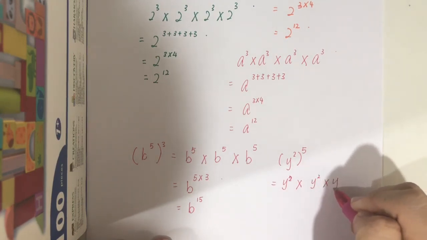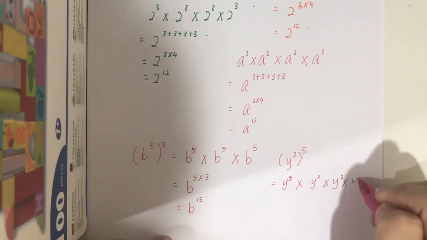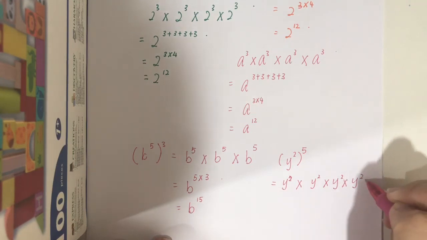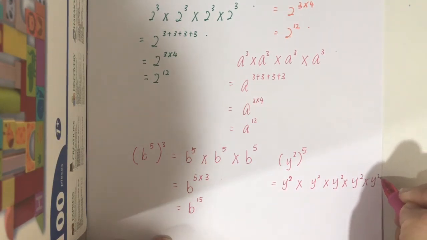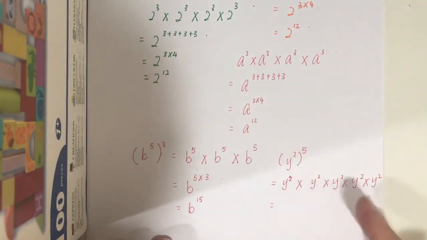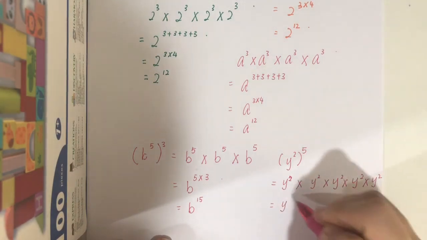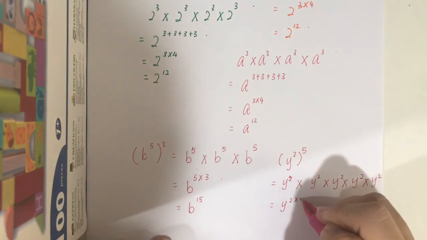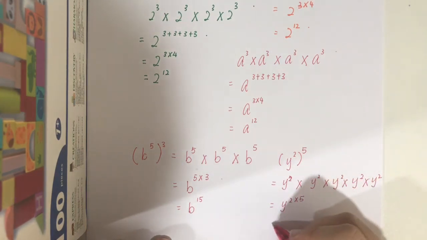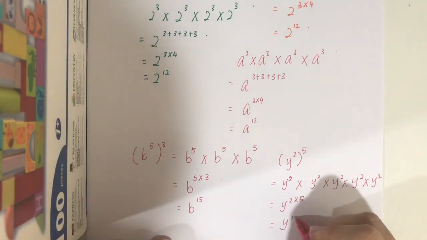Second time, third time, fourth time, fifth time. So since it appears 5 times, and we learned the 5 timetable, it is y to the power of 2 times 5, y to the power of 10.